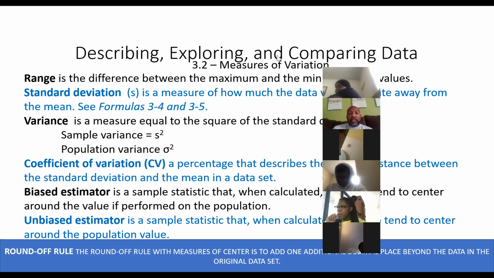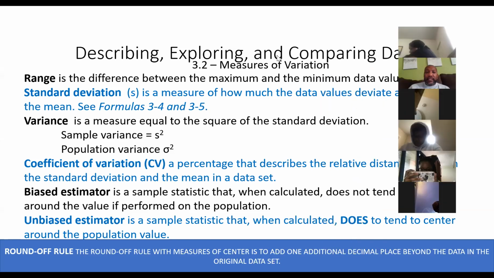Now, the concept of a biased estimator and an unbiased estimator, I'm going to go with the definition, but then I'm going to try to help us understand what it means, right? Biased estimator, it's a sample statistic. That means we're going to calculate it on the sample, not the whole population. The population mean GPA for us in this class is 2.4, right?